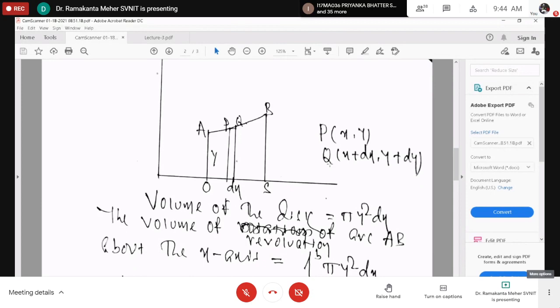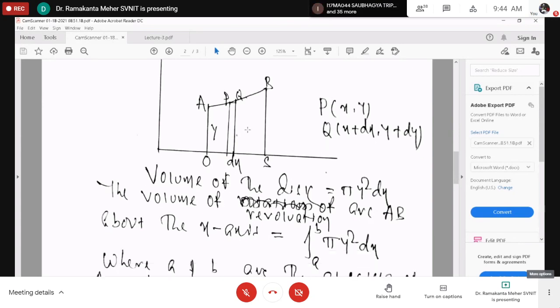So here you can say, let P be the point xy, and Q, because P and Q lie close to each other, is the point x plus dx and y plus dy, where dx and dy are so small.